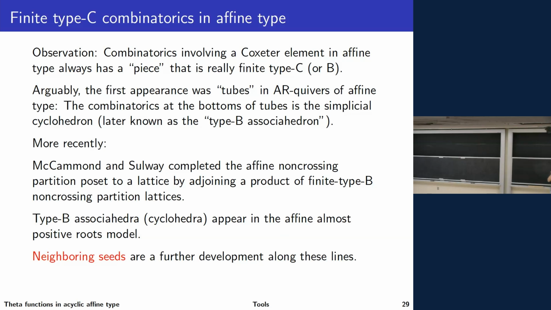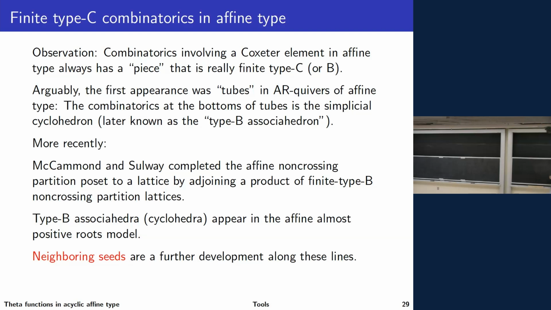They put a finite number of things in. What they put in was a product of what they were calling type B non-crossing partition lattices. Type B and type C are the same thing in that context. But finite type B things. And also type B associahedra, they appear, well, those pictures where I drew circles of dots, that's the cyclohedron model showing up.